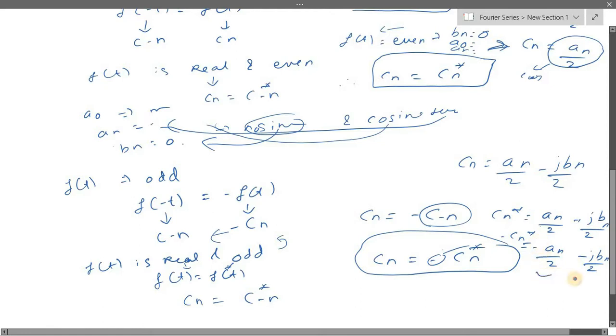So now if you see these two equations, if we have to make them the same, that means the an term should be 0. Okay, so you will be left with only the bn term.